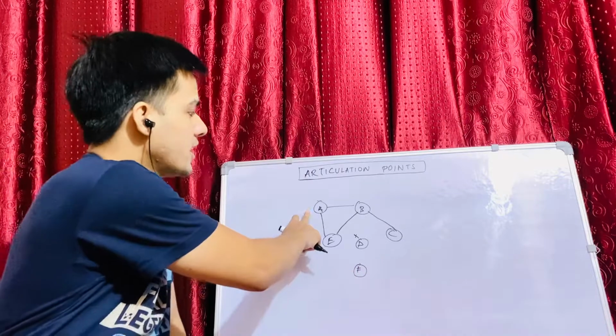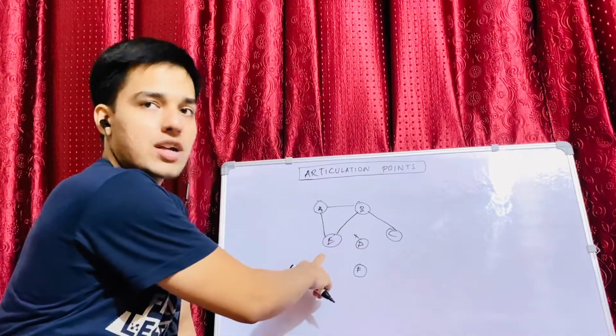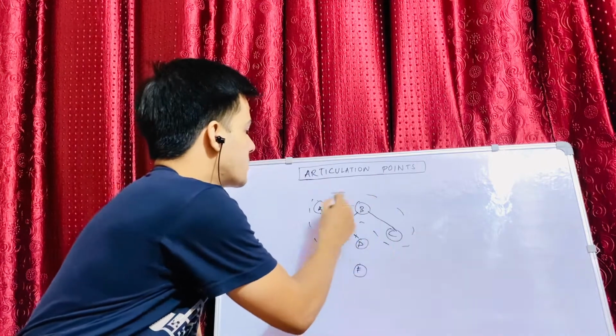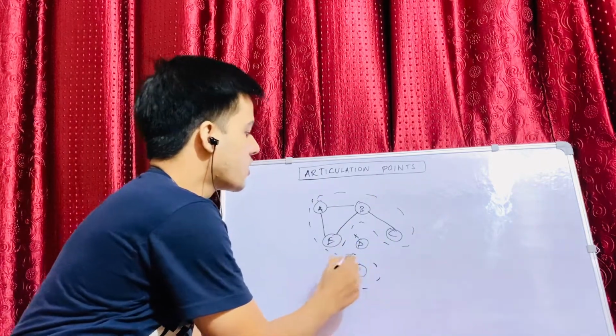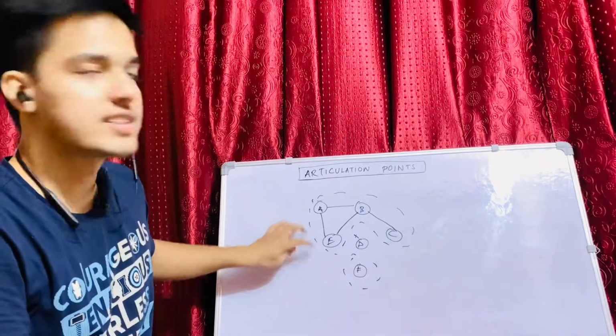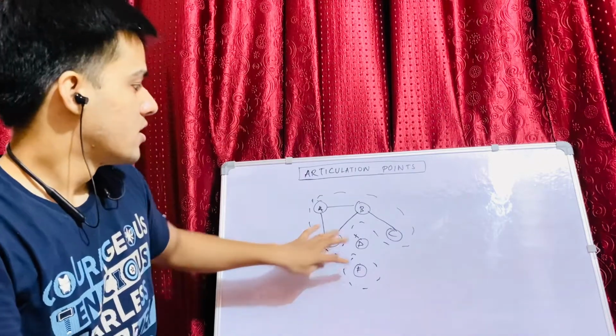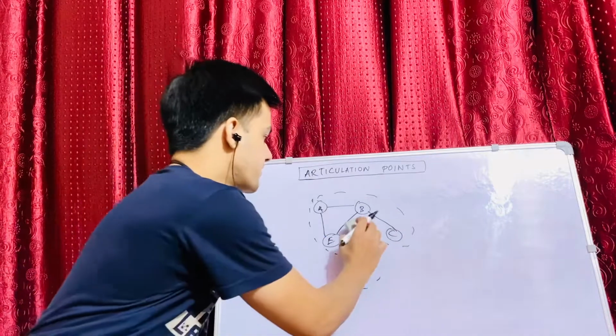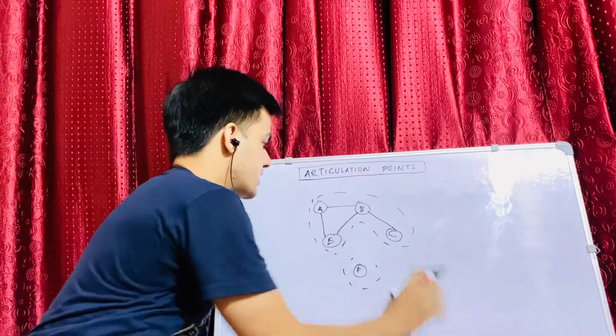So in this case, A, B, C and E are not able to access my F node, which means this is my one component and this is my other component. So these are two disconnected components of this graph, because node D went down.